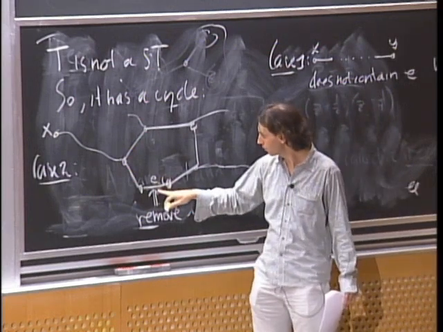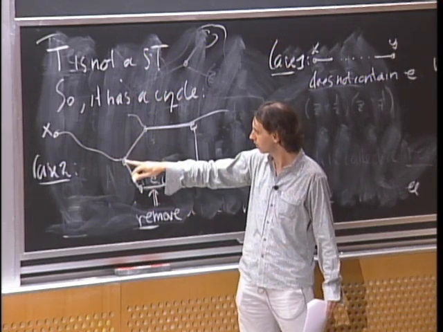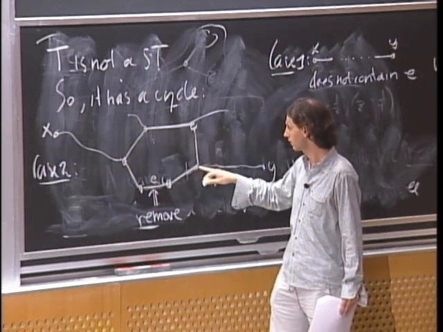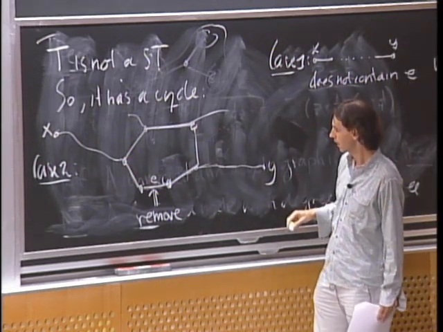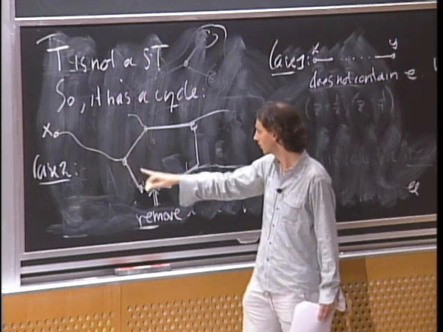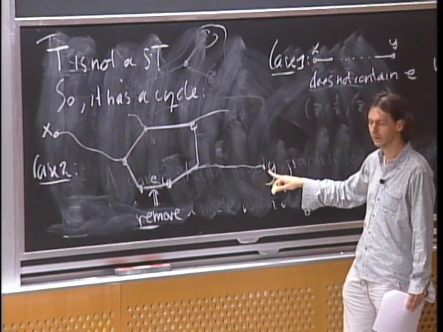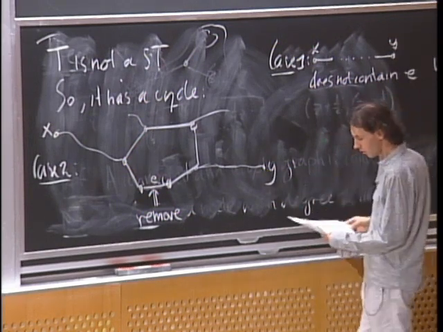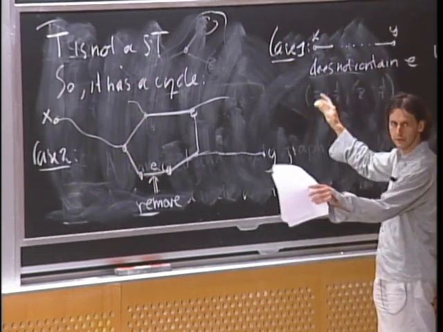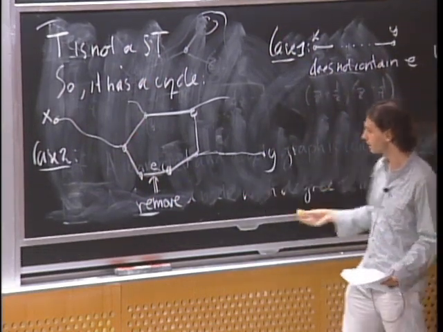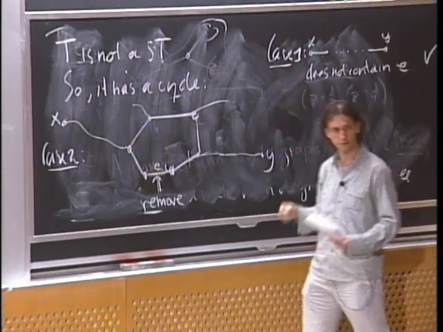Because I have removed e from a cycle, so I can still go in the other direction of the cycle and connect back towards y. So what we see here is that x can go all the way to here, but it can still go over the cycle back to here and then to y. So we are still connected. So this shows that in both of the cases, for any pair of vertices, even after removal of e, the graph T minus this edge e is still connected.